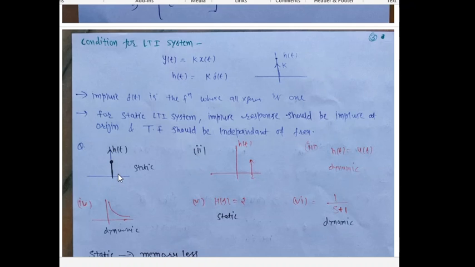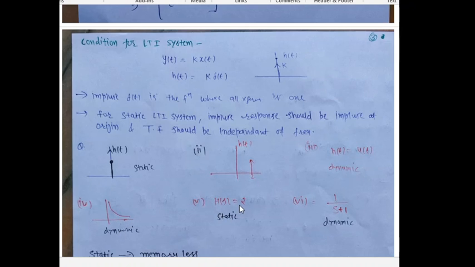Then this is a static system because it is at the origin, and this is a dynamic system because it is not at the origin, and this is also dynamic, and this one is also dynamic.